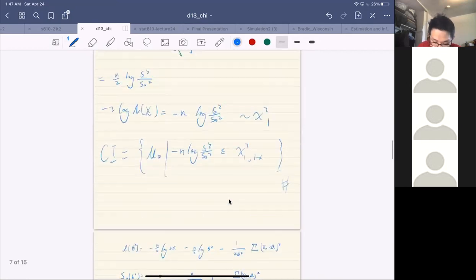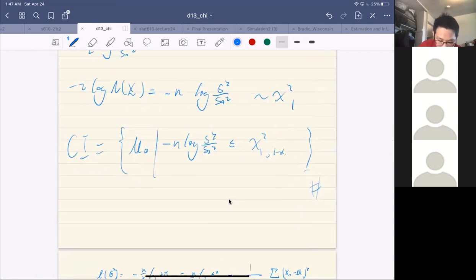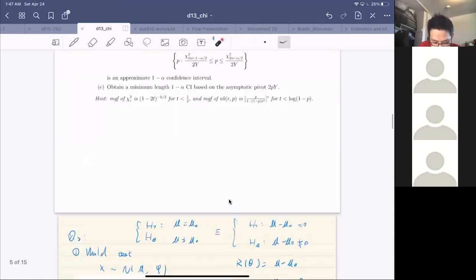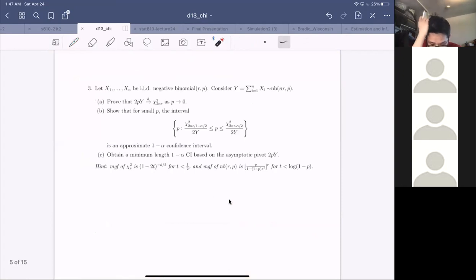But actually, if you do a two-sided, it's also fine.